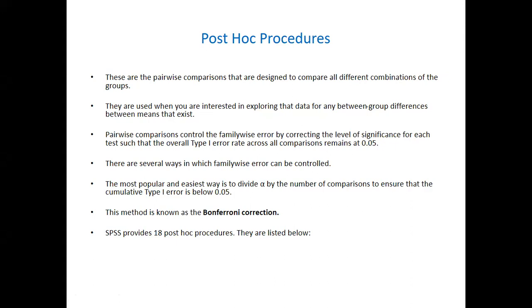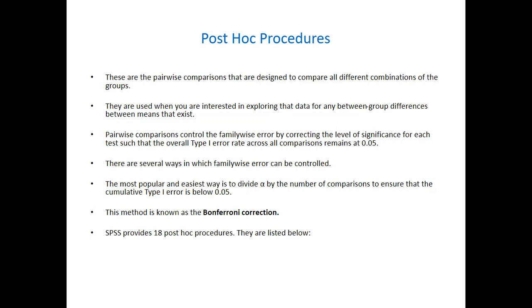They are used when you are interested in exploring the data for any between-group differences between means that exist, that you want to see that the difference exists somewhere. Where does it exist? For example, when you have 3 groups, there are 3 different ways you can pair them.